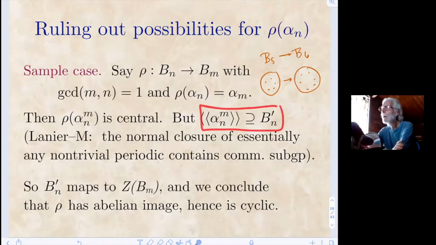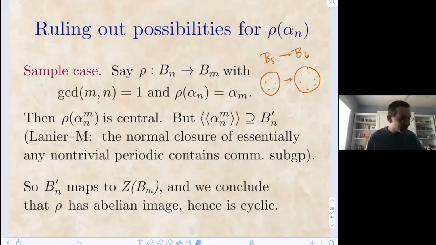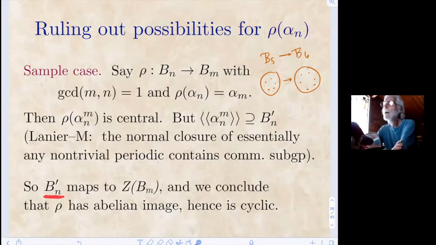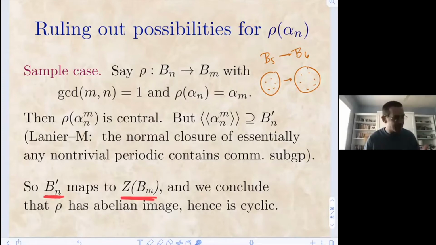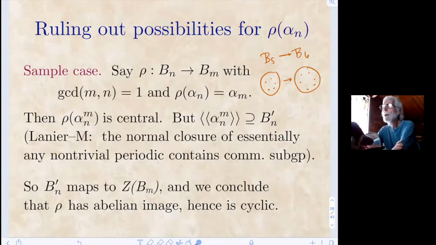Okay, and it follows from this that the entire commutator subgroup, because it's in the normal closure, has to map to the center. But the commutator subgroup is a big subgroup of the braid group. But that's the idea.